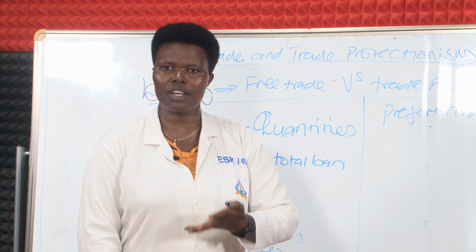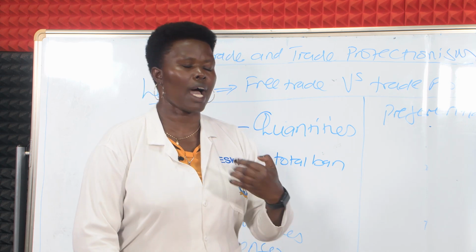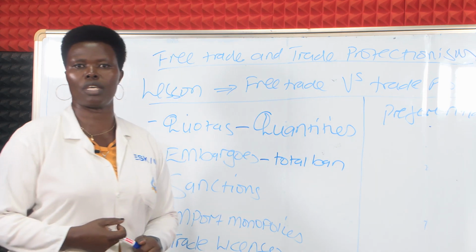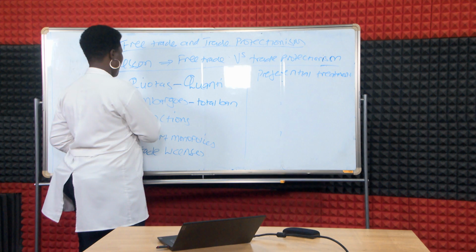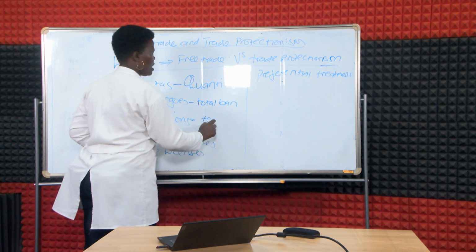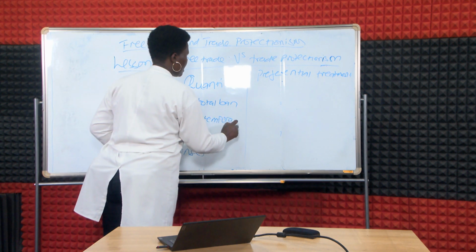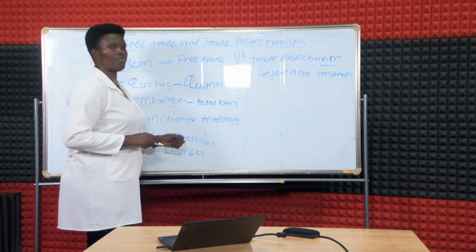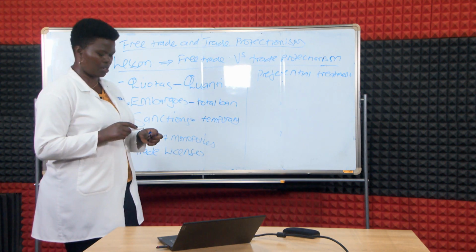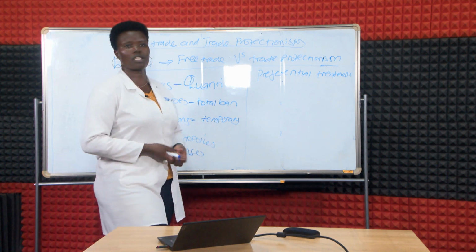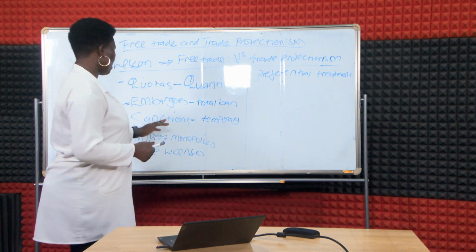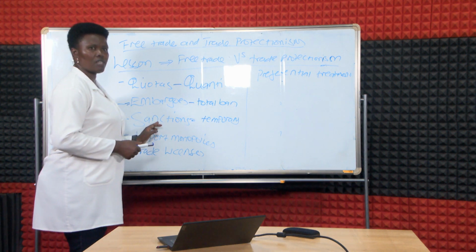If such a reason is over, a sanction can always be uplifted. So embargoes are permanent, and these ones are temporary, which means that a commodity cannot be imported for a given period of time. After such a problem is rectified, you can always import that commodity. So this is permanent and this is temporary.